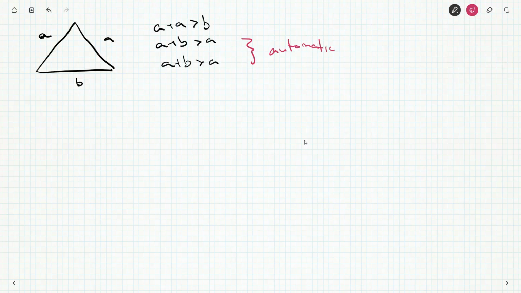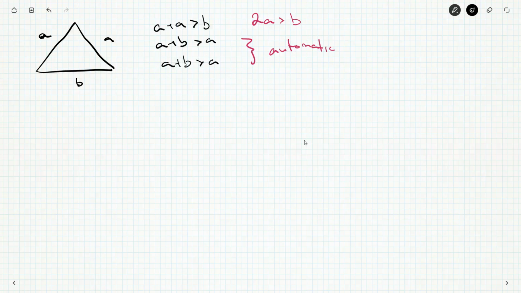If you add a positive value to A, it's going to be bigger than the A you started with. So really, we only care about 2A being bigger than B. If we satisfy that the repeated side length doubled is bigger than B, we're all set.